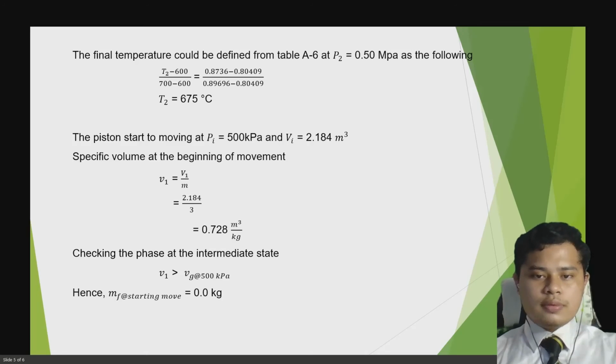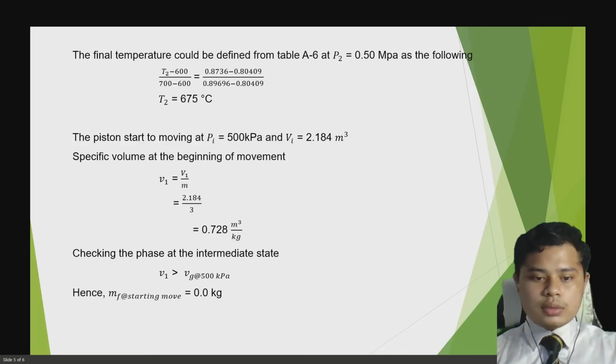So we are checking the phase at the intermediate state when the pressure is equal to 500 kilopascal. The specific volume at the beginning of the movement is larger than the specific volume at vapor phase when pressure is equal to 500 kilopascal.